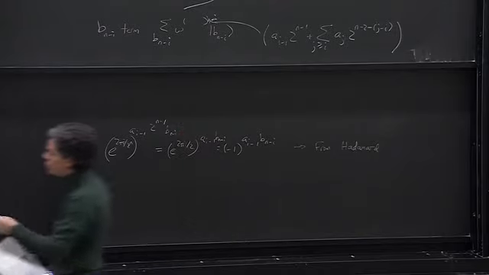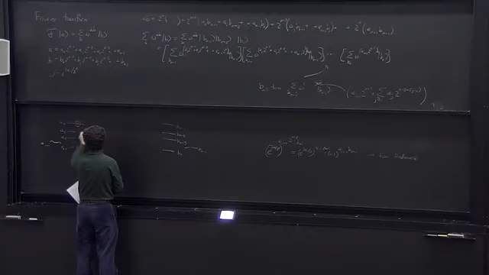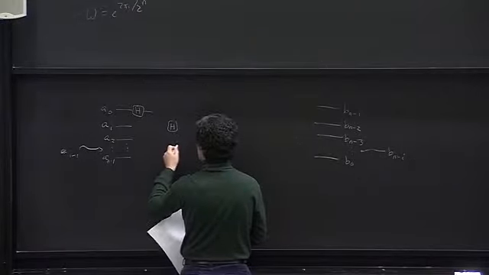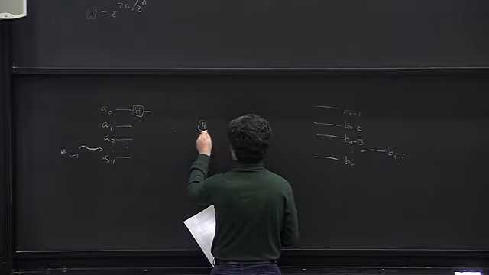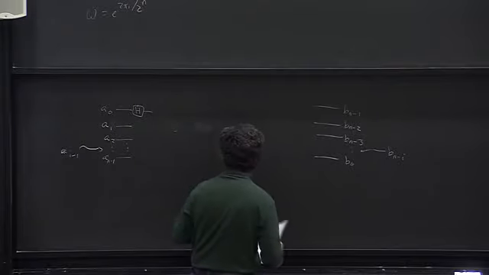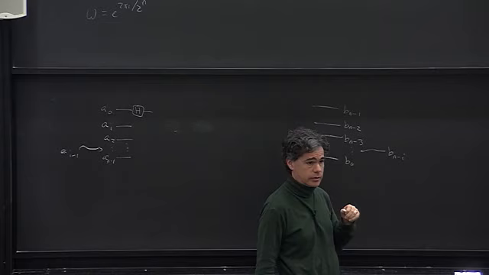So that's what we're going to do. We're going to do a Hadamard on every one of these qubits. I'm going to do those later, because I'm not done, of course. I still have to do these other phases.